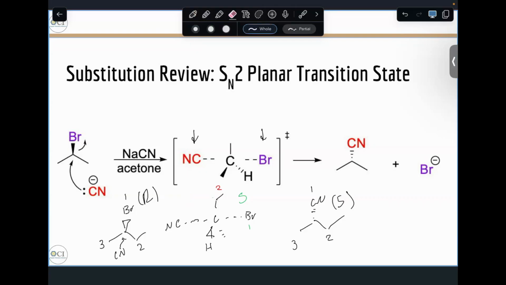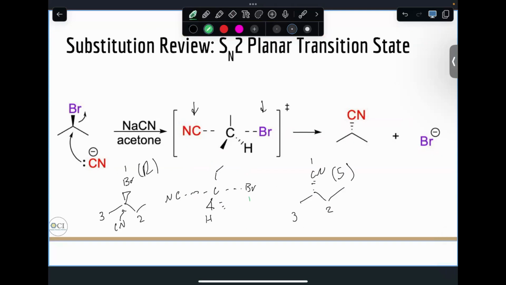So let's recheck it. So counting with the bromine, we have 1, 2, 3. That'd be S, but then you flip it, it becomes R. And then counting with the cyanide, you have 1, 2, 3, be R, then you flip it, S. So that's how you draw the transition state. Does that make sense? We understand that?